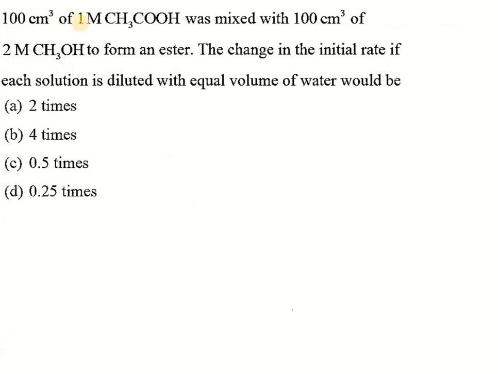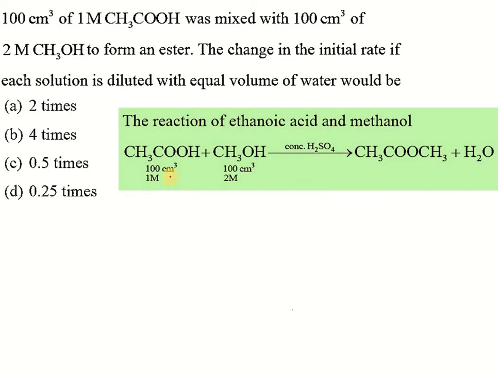Next, 100 centimeter cube of 1 molarity acetic acid was mixed with 100 centimeter cube of 2 molarity methanol to form an ester. The initial rate, if each solution is diluted with an equal volume of water, would be? First we'll see the chemical equation between acetic acid and methanol. It forms an ester, that is methyl acetate.